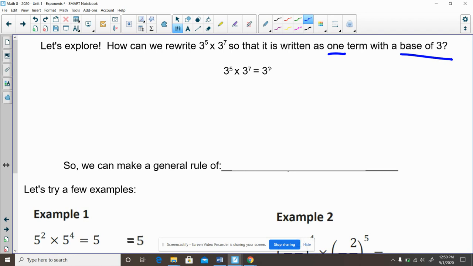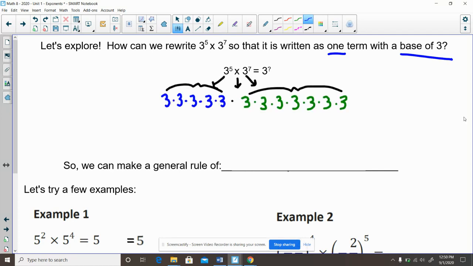What number goes here to make this expression equivalent to this expression? Well, let's think about it for a second. Let's take this and write it in expanded form, and this and write it in expanded form, so we can clearly see what that looks like. So this would be 5 threes, this would be 7 threes.